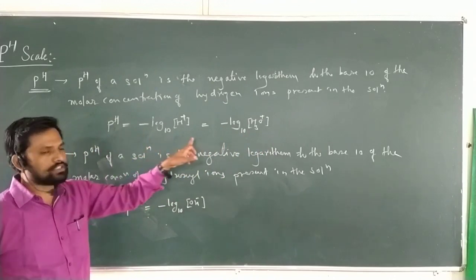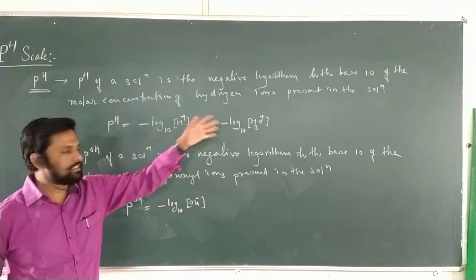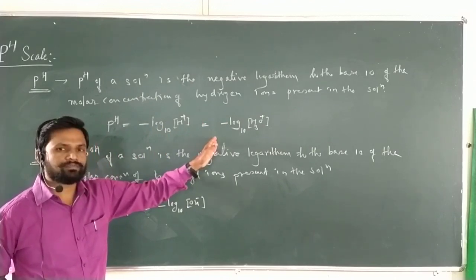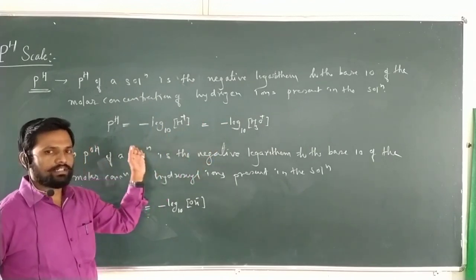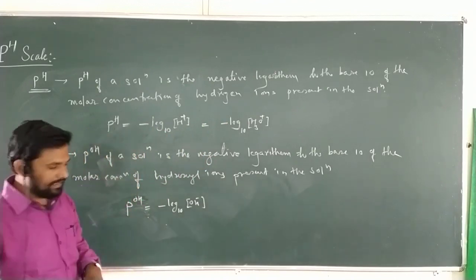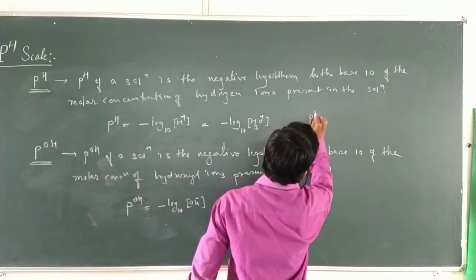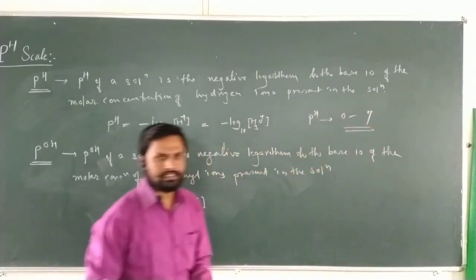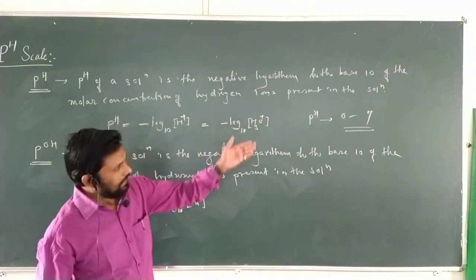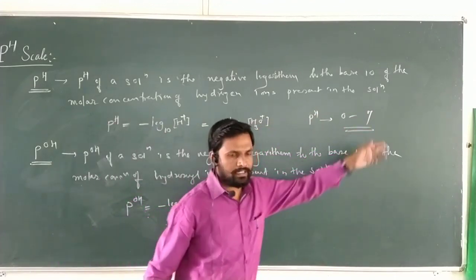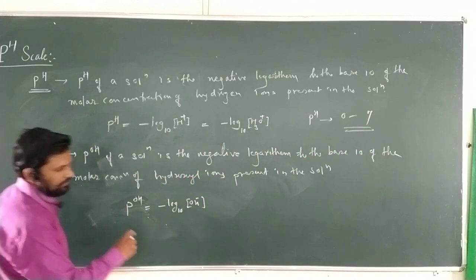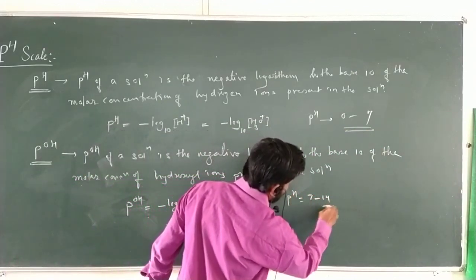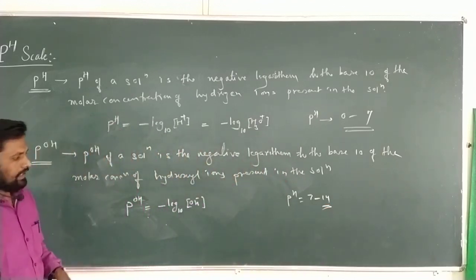For example, pH equal to 0 is a stronger acid, and pH equal to 1 is slightly less acidic than 0. The pH scale, the acidic scale, is 0 to 7, and the pOH scale is 7 to 14.